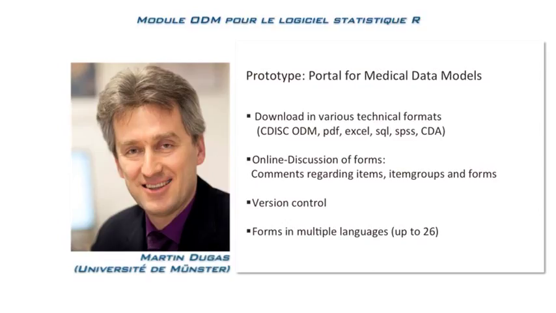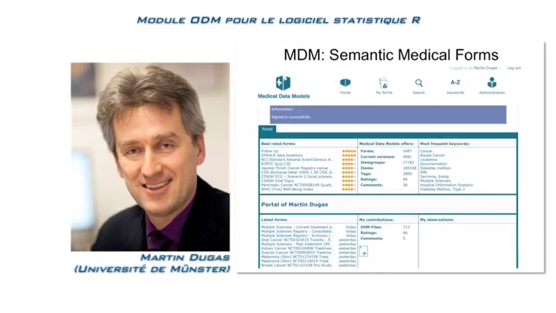They can say, this item needs to be changed, the item is missing, the code list is wrong, things like that. And then the coordinating center will publish a next version of the forms until a consensus is reached. So the system has full version control, and in particular, it supports multiple languages. I will show it to you: we have one form that is available in 26 languages.